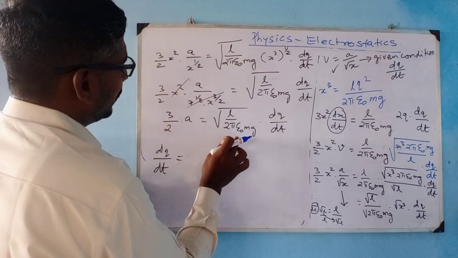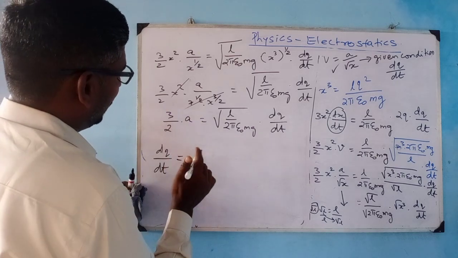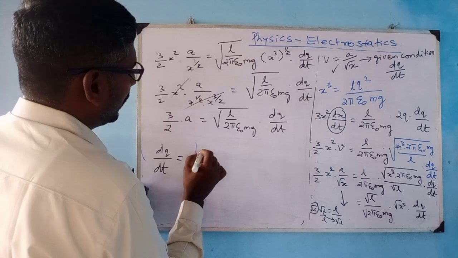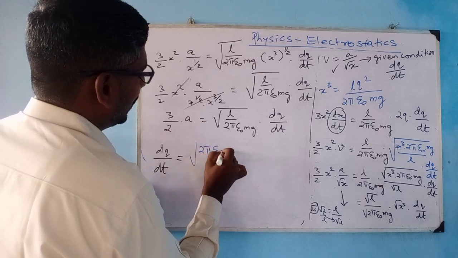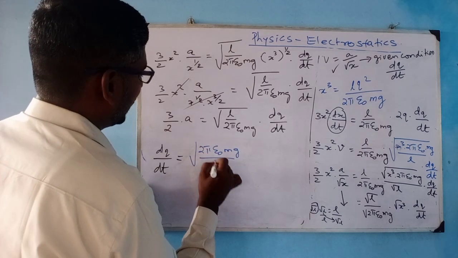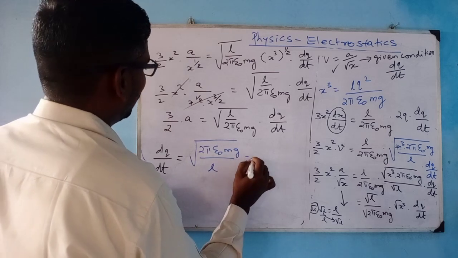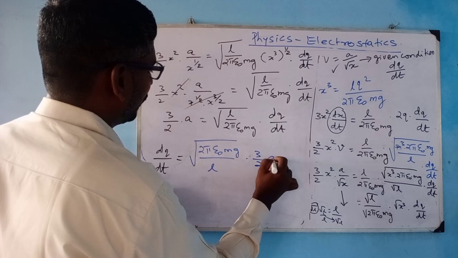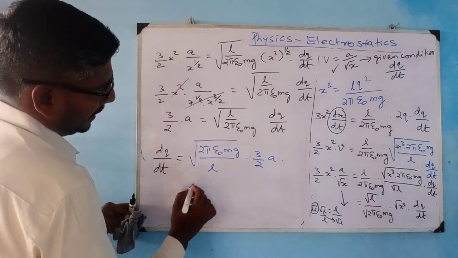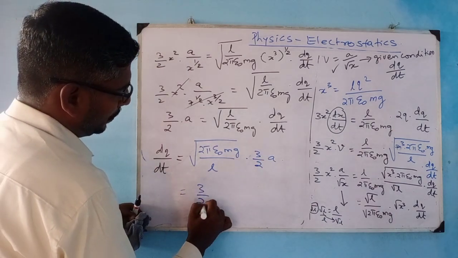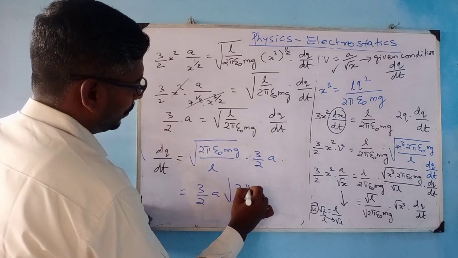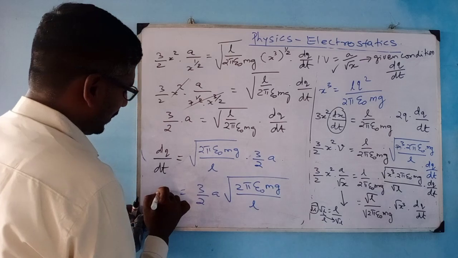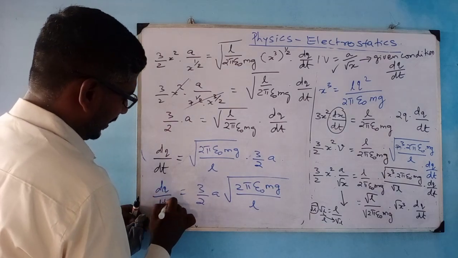This goes to the other end, right? This will become square root of 2 pi epsilon naught mg divided by L, into this 3 by 2 of a. So we can write it as 3 by 2 a into square root of 2 pi epsilon naught mg divided by L. So this is my dq by dt.